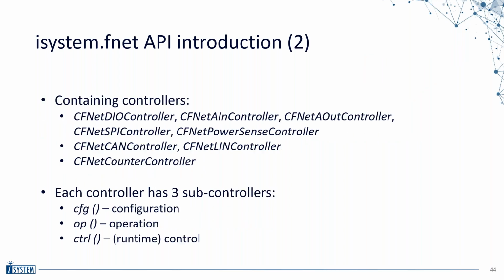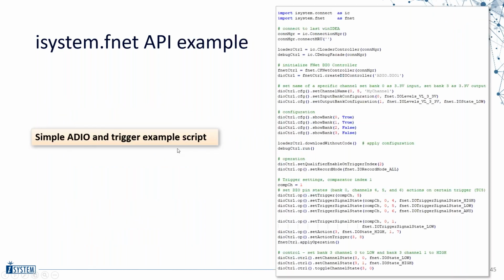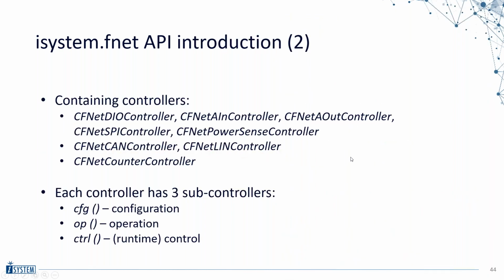For instance, the main controllers would control the digital ports of the ADIO, the analog input of the ADIO controller, the analog output of the ADIO, configure and measure SPI, and measure power sense of the ADIO. Then we can control the CAN add-on modules, and we can also control and configure counters and triggers.